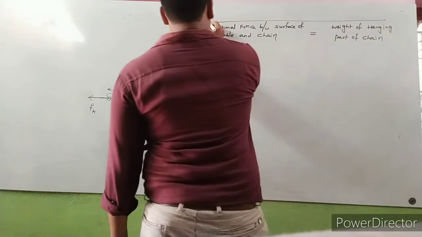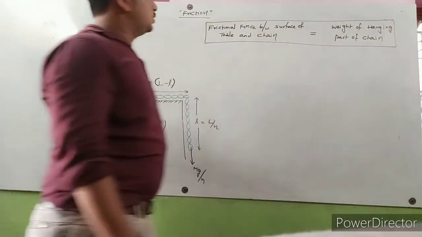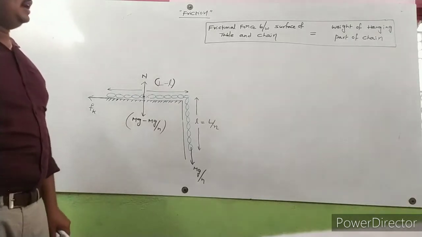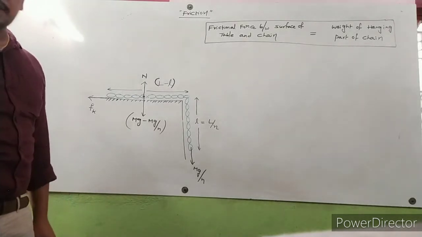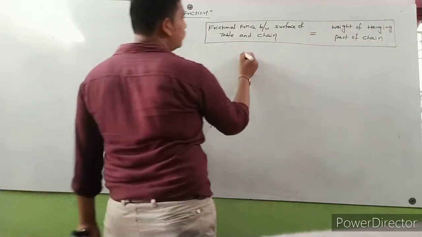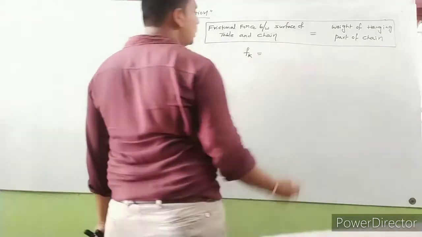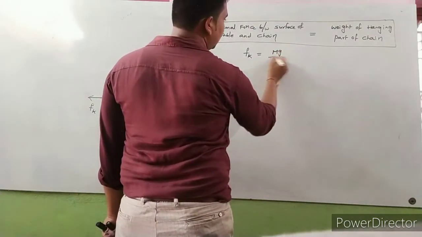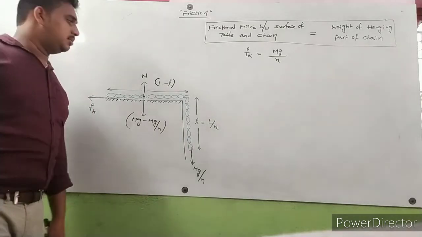This is very important; based upon this only we are calculating. Fk is equal to mg by n.